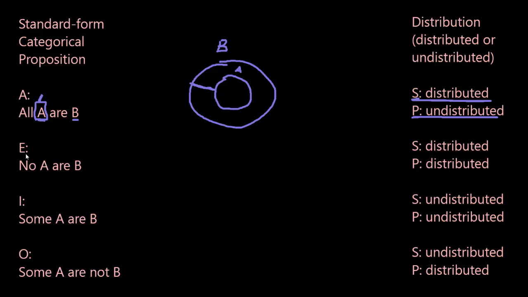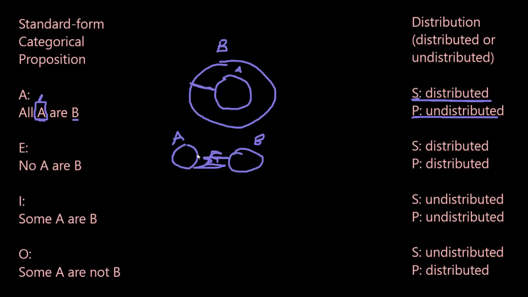Now, if we look at our E proposition, no A are B, then we're committing ourselves to the category of A and the category of B being completely separate such that there's no overlap whatsoever.